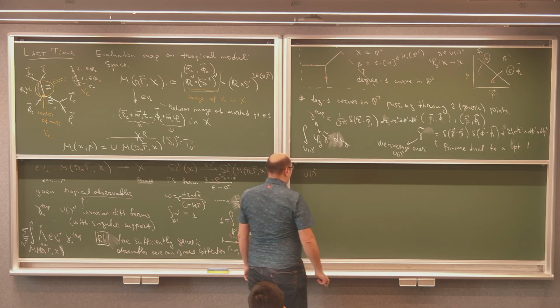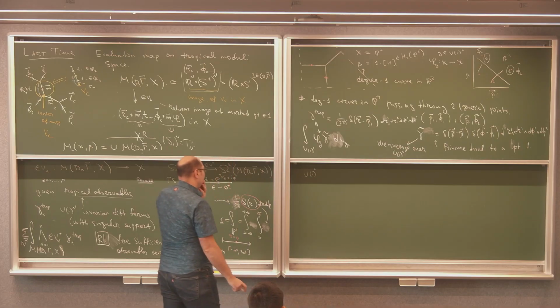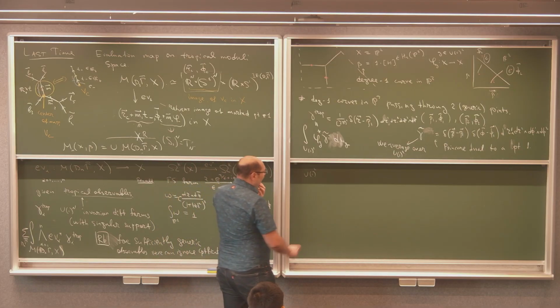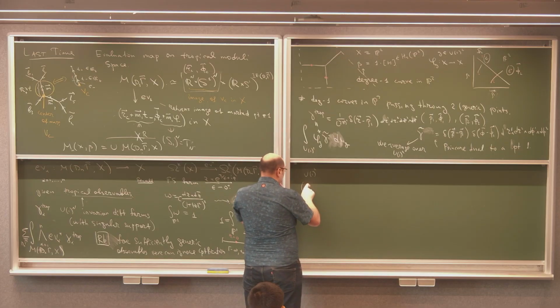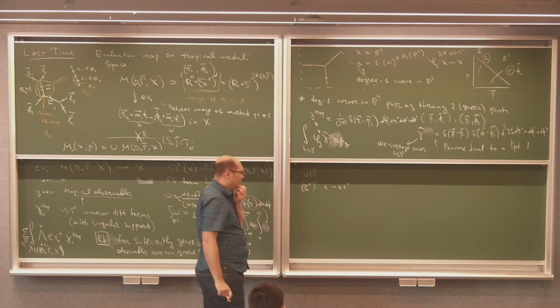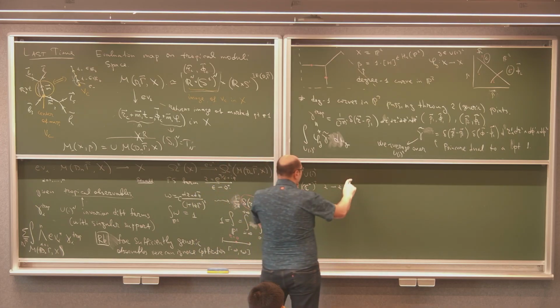So for the U1 action previously, for the multiplicative C star action we used multiplication by T. So for the C star square action we roughly acted with multiplication by T in some powers.